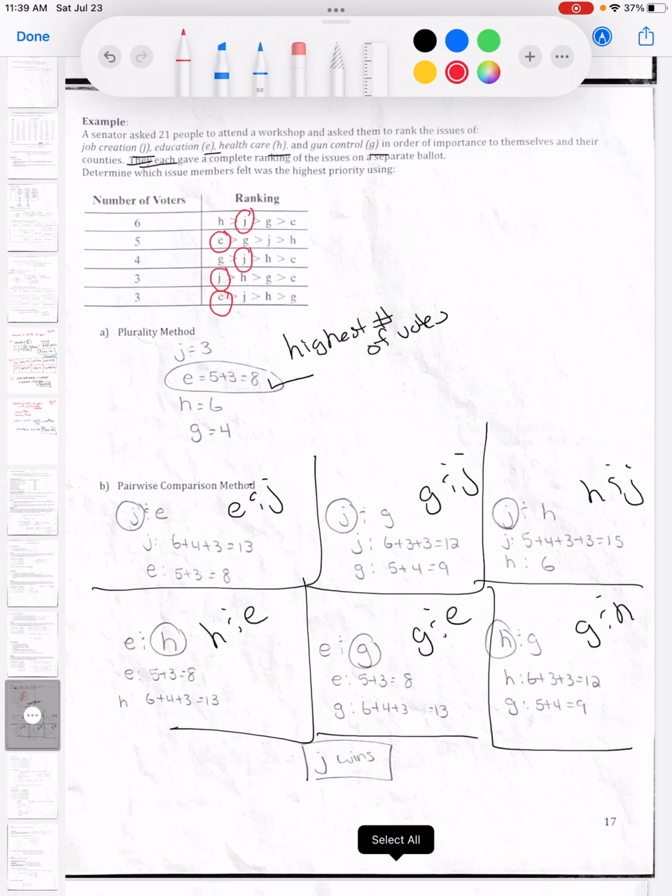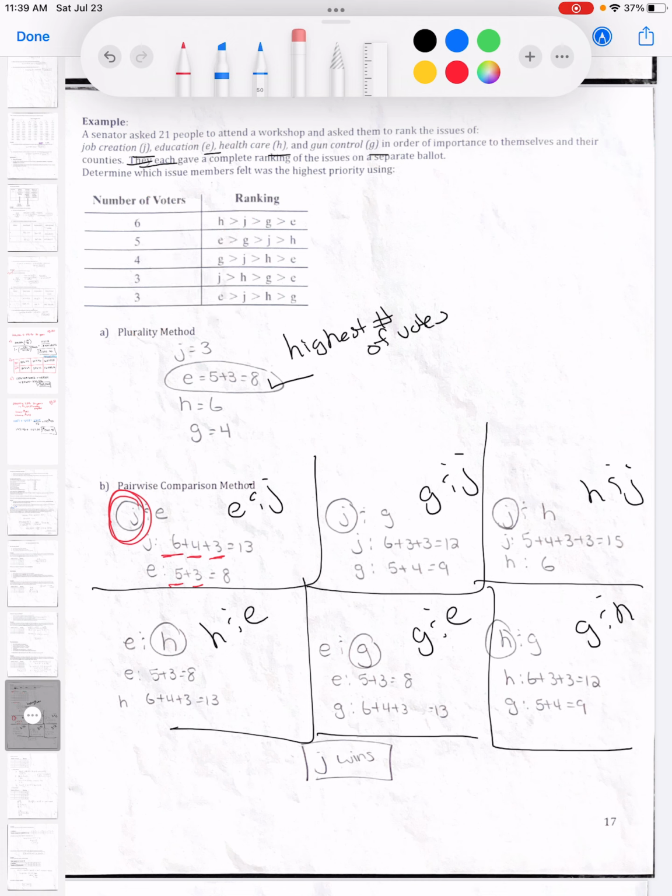So these first 6 votes go to J. These 5 votes go to E. These 4 votes go to J. These 4 votes go to J. And these 3 votes go to E. You have to use each number. All the numbers are used. Don't just go to the first place votes. Use every line. Whoever has the highest number wins, so in this case, J wins.